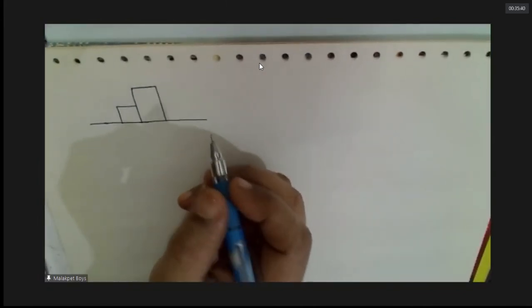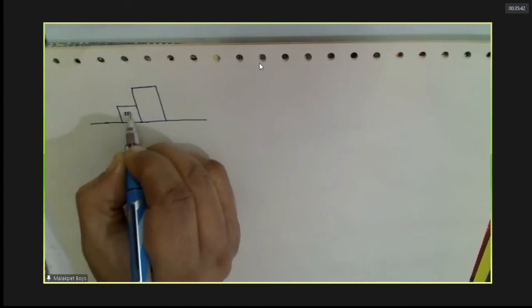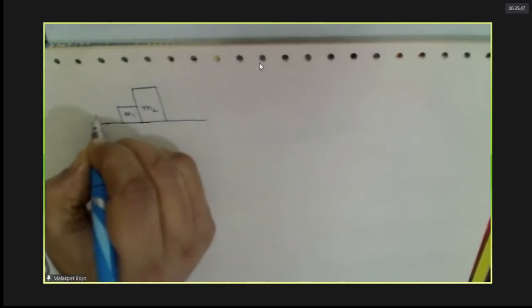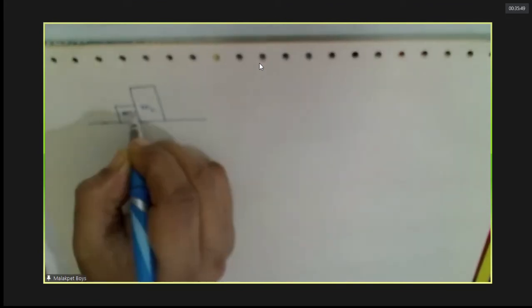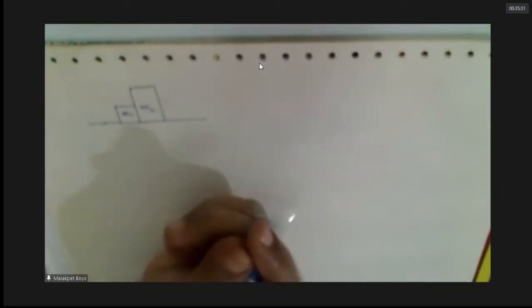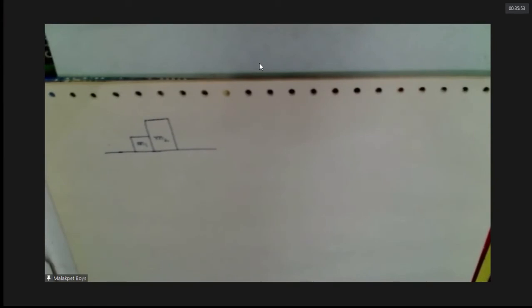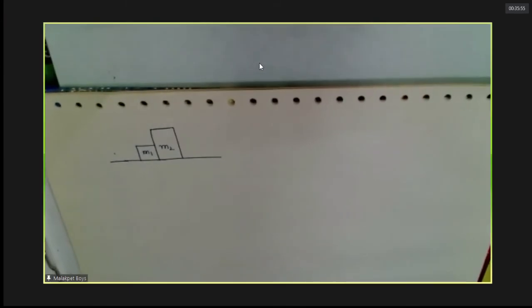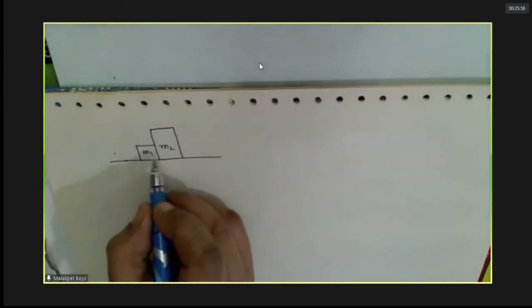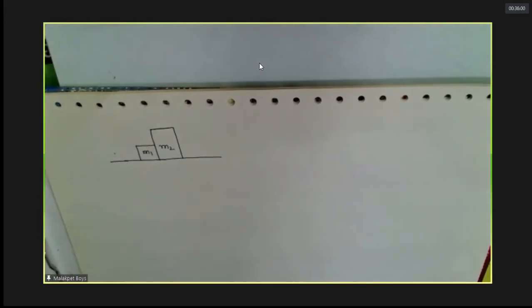Agreed. See, suppose there are two blocks like this. Will there be any contact force between them? No, sir. Why? See, simply they are touching. Simply touching, there will not be any force.